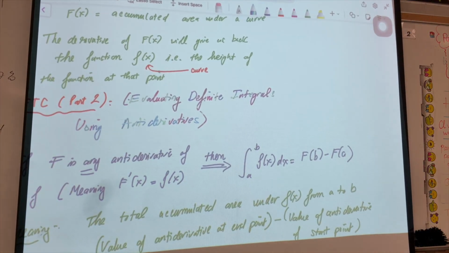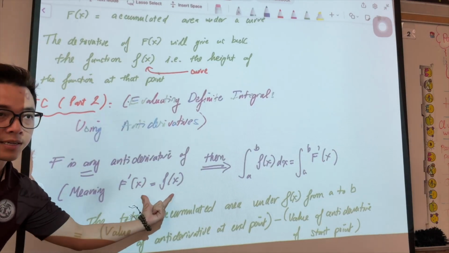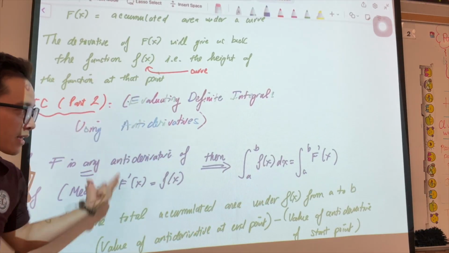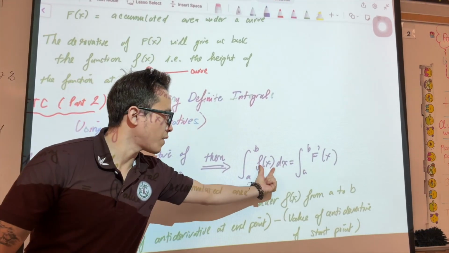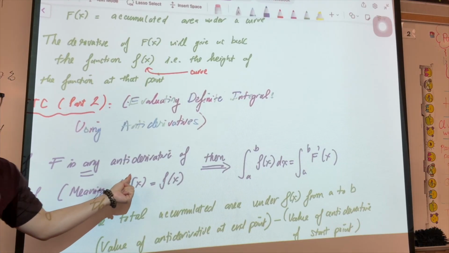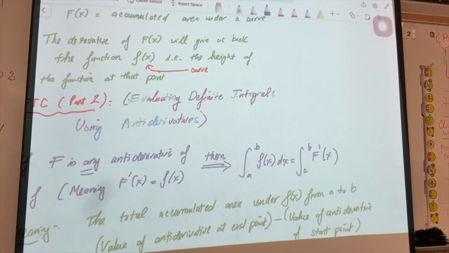Okay, let me add them here so you know what's going on. So I can rewrite this one like this, right? If this is satisfied, that means the integral of function f equals the integral of capital F prime. What happens with the integral and derivative? They cancel out.